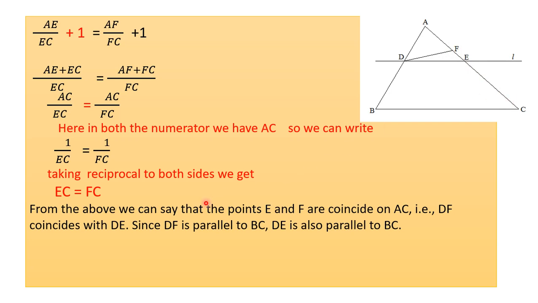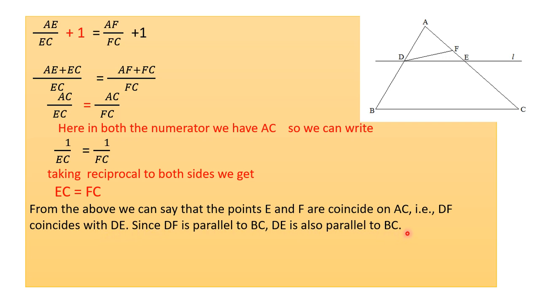So we can conclude from the above, the points E and F coincide on side AC, that is DF coincides with the line segment DE, and since DF is parallel to BC, we get DE is also parallel to BC.